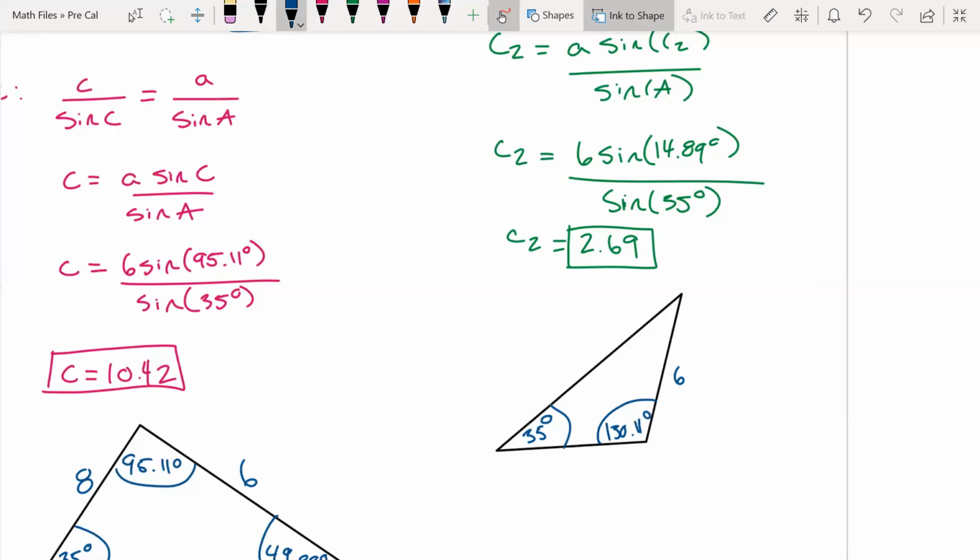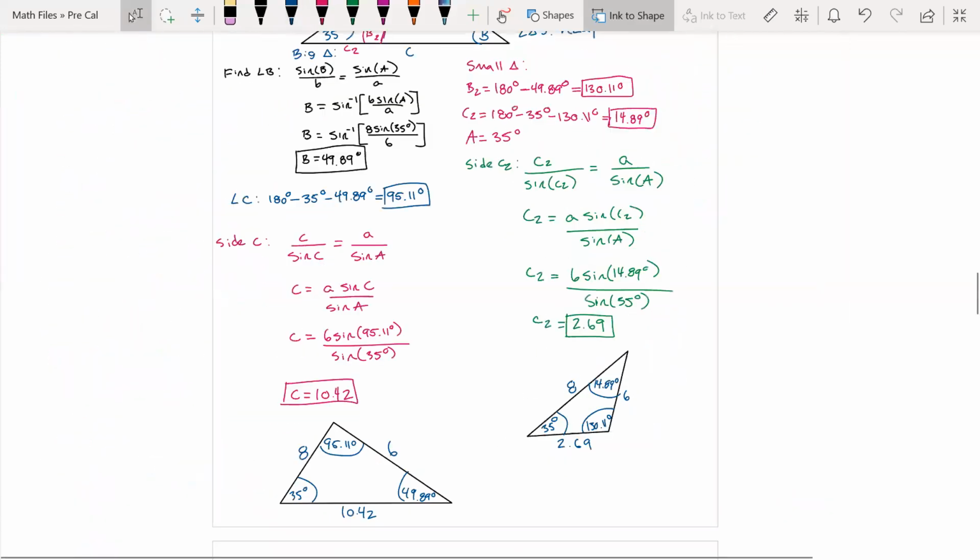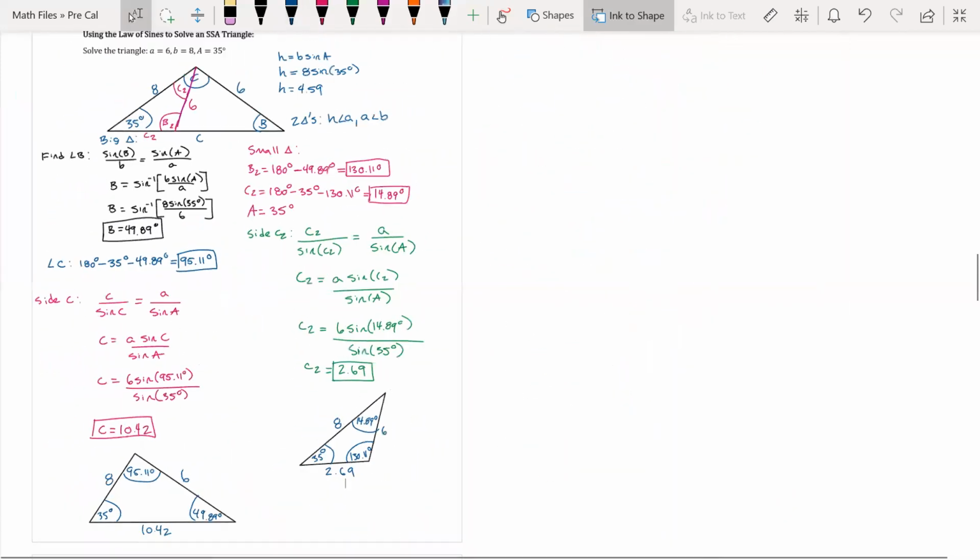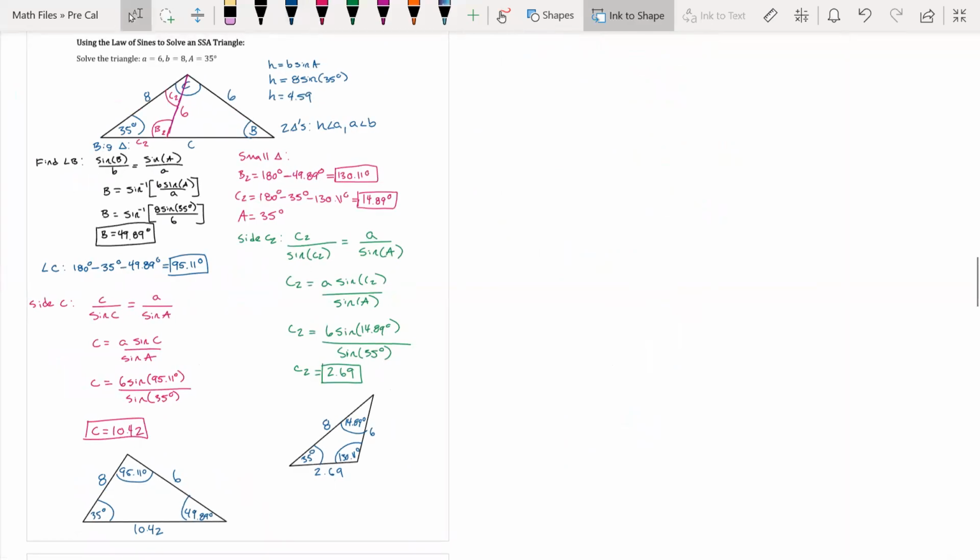And then the top was 14.89. And here's 8, and here's 2.69. And there we go. That's what we do for our two triangles.